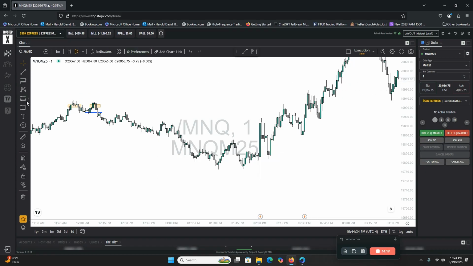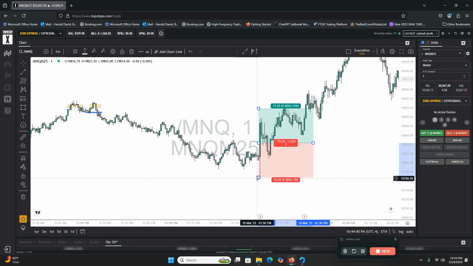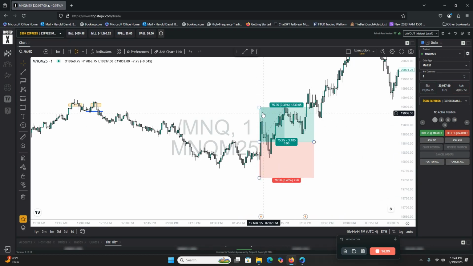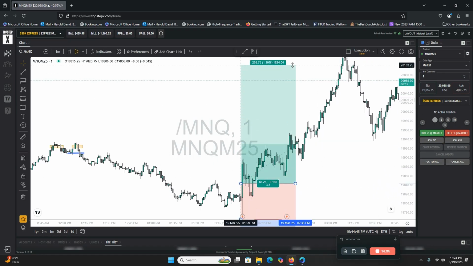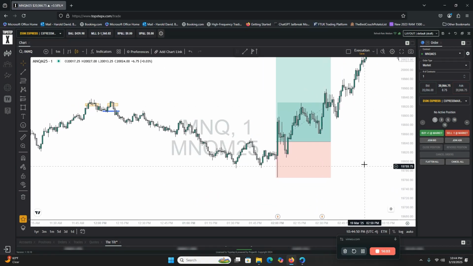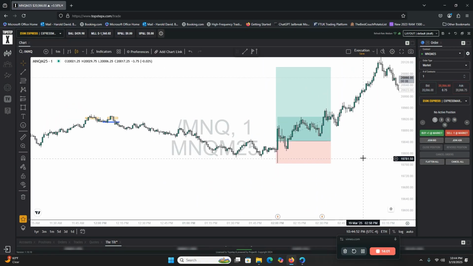If I'm confident in my higher time frame analysis, I'm going to trust that this swing low holds, because sometimes you miss out on massive opportunities because you keep a stop that's way too tight. Just scale down to micros.